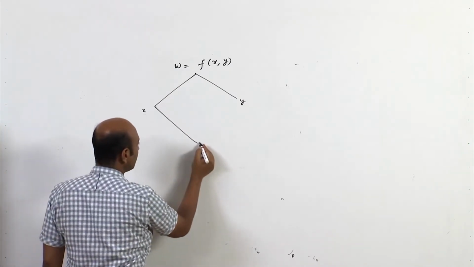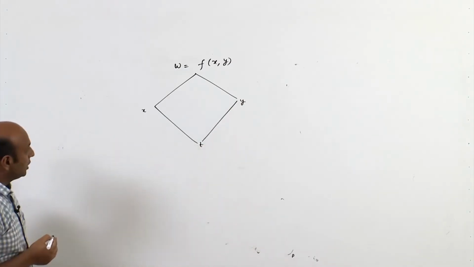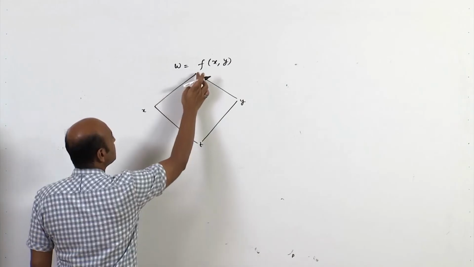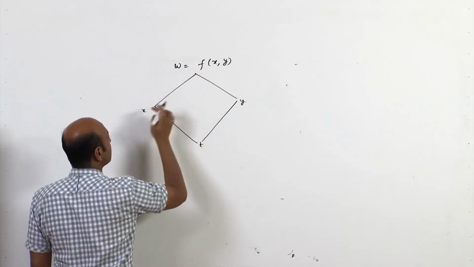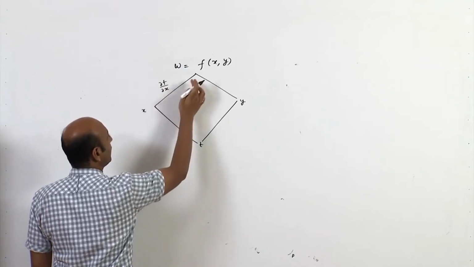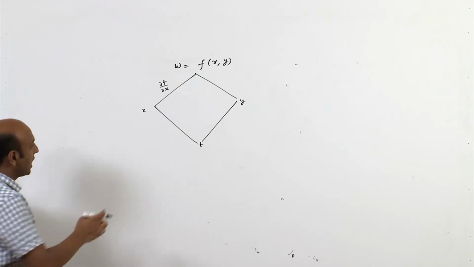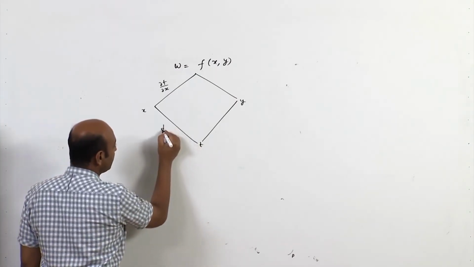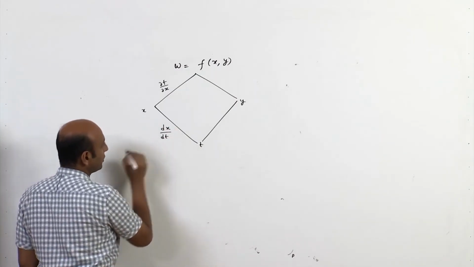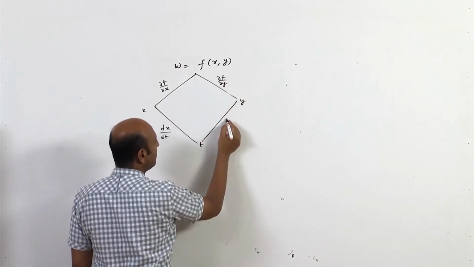So, x is a function of t and y is also a function of t. Now, from f to x, when you take the derivative, it will be a partial derivative del f by del x, and from here to here it will be dx by dt. Again here will be del f by del y, and this will be dy by dt.